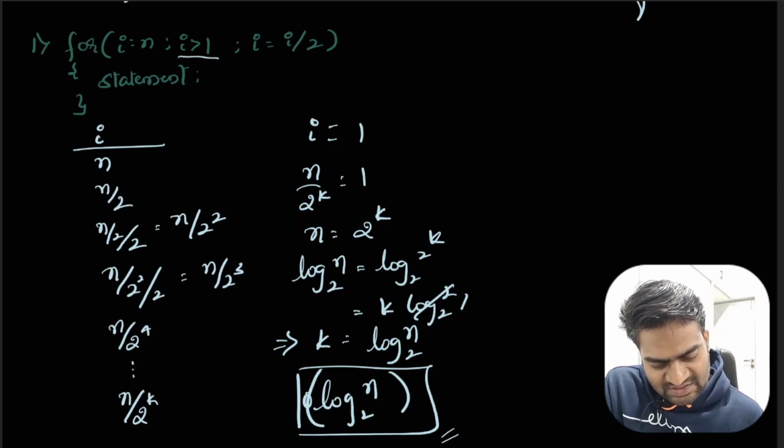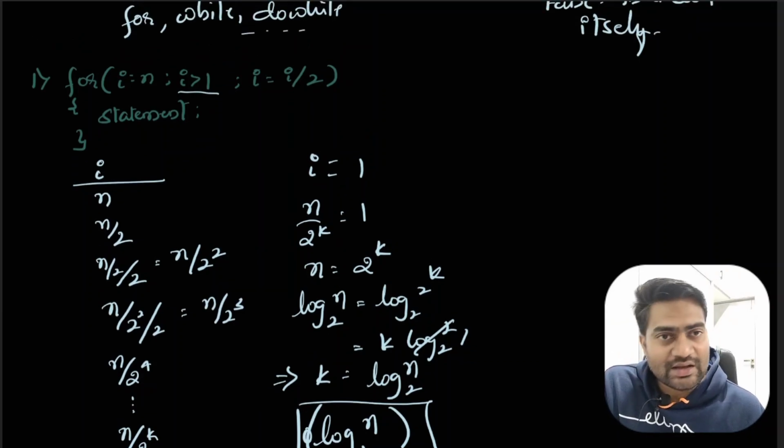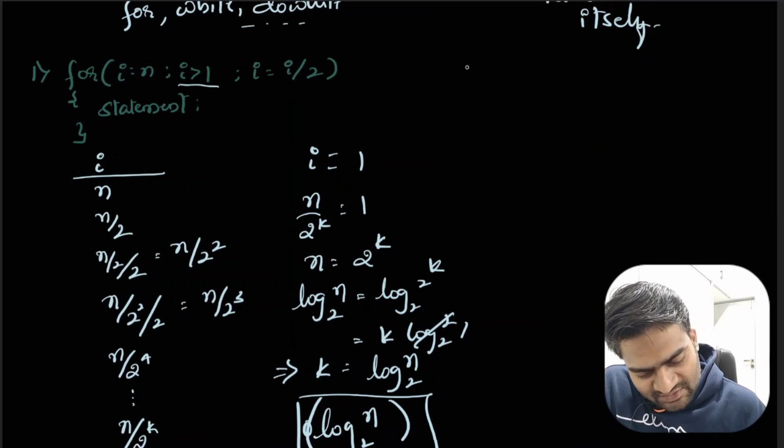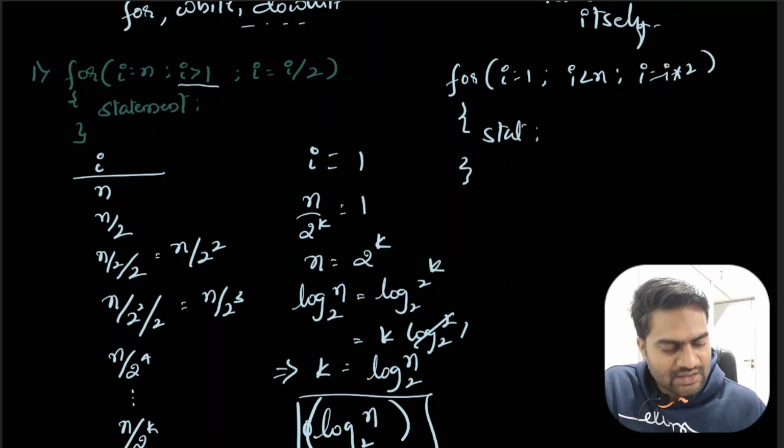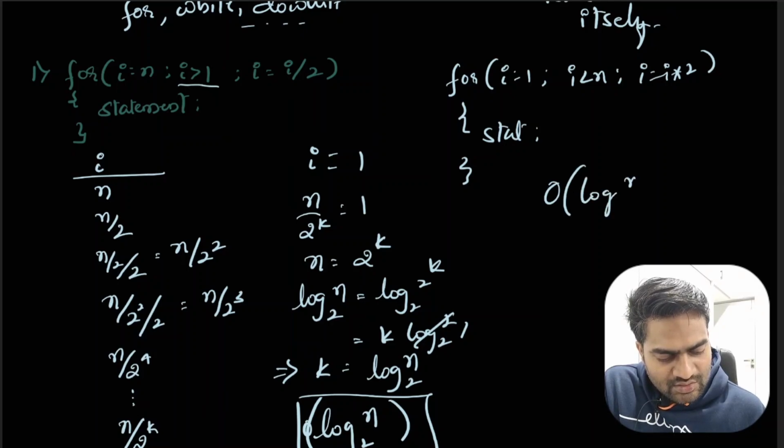This is pretty much the same when we compare it with one more loop. We have seen in the previous video, for I equal to 1, I less than n, I getting multiplied by 2. For this also, the order is log n to the base 2.